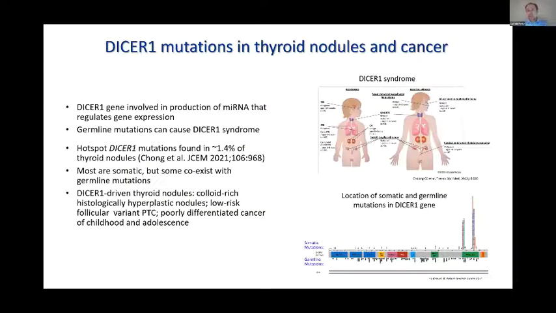A couple of words about a few smaller but important more recent developments in the field. I mentioned already that about 1 to 2% of all thyroid cancers have DICER1 mutation. DICER1 mutation may be an indirect evidence of DICER1 syndrome that is very peculiar and has a number of very rare, unusual tumors, such as pulmonary pleuroblastoma and several others, Sertoli-Leydig tumors, and so on and so forth.